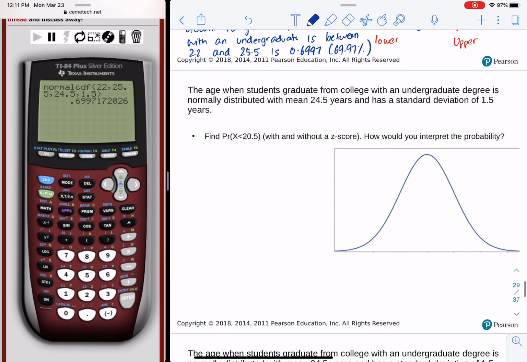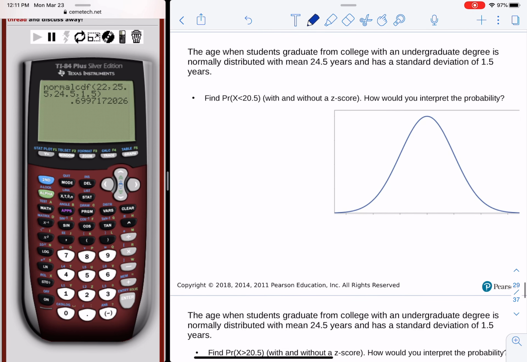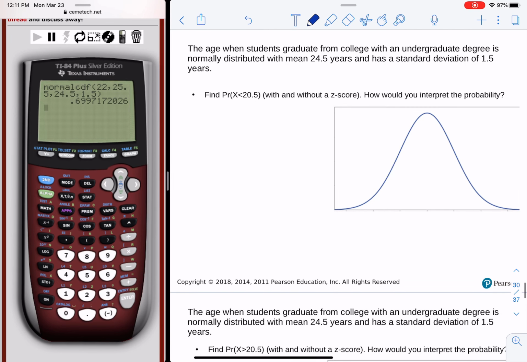So it is the same problem that we are continuing, but only this time we are trying to find the probability that x is less than 20.5, and our task here is to find it with and without a z-score. So first let us find the z-score. The z-score is simply the observation minus the mean, mu, divided by the standard deviation, sigma.